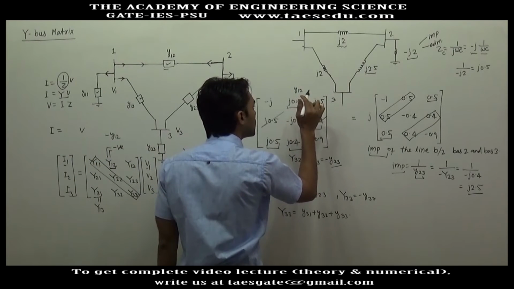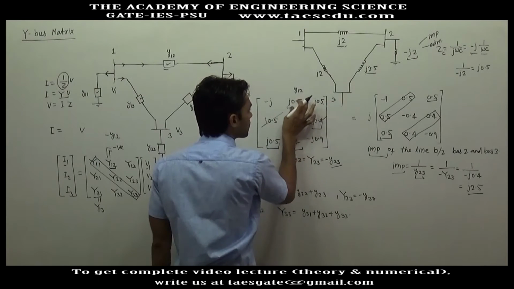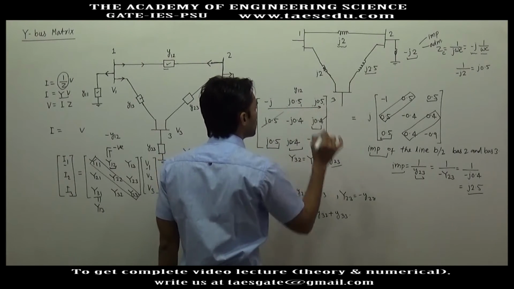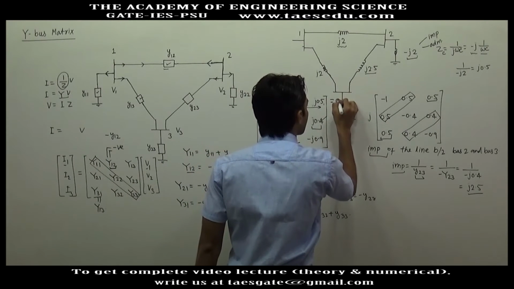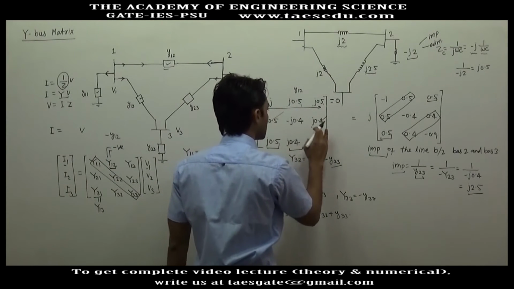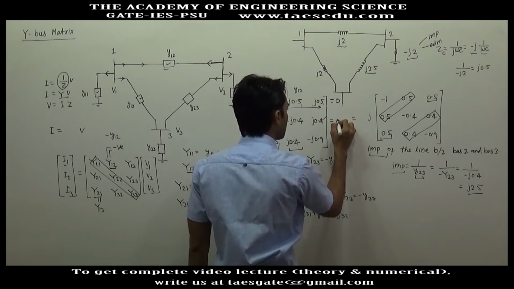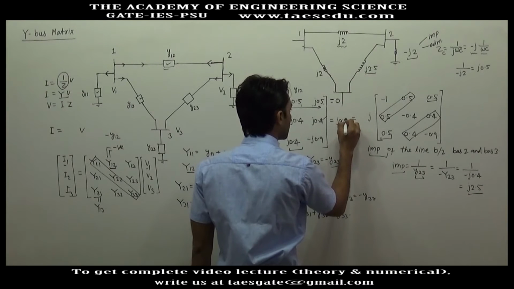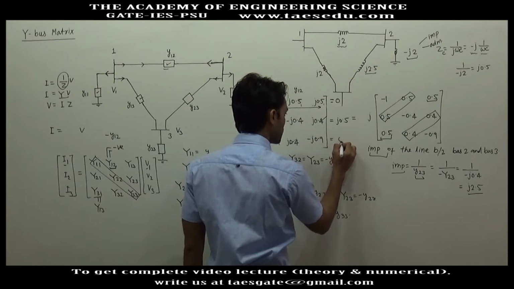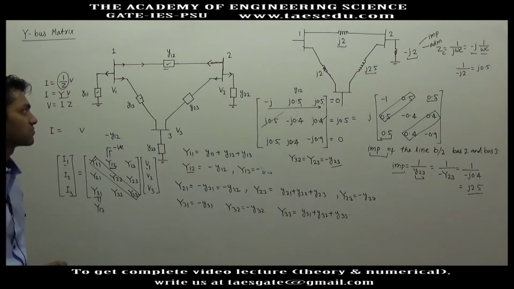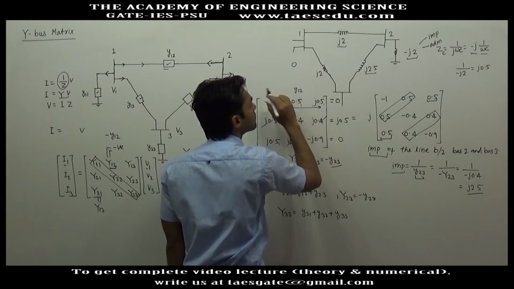What will happen if we add all the elements of a row? If you add all these three elements, you will get 0 here. If you add all these three, here you will get j 0.5, and here you will again get 0. So what was the shunt element connected at bus 1? This was 0.